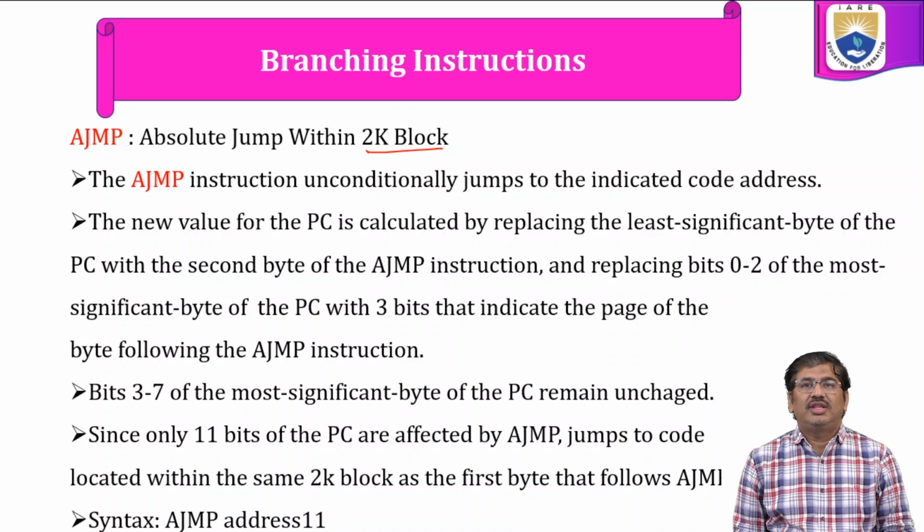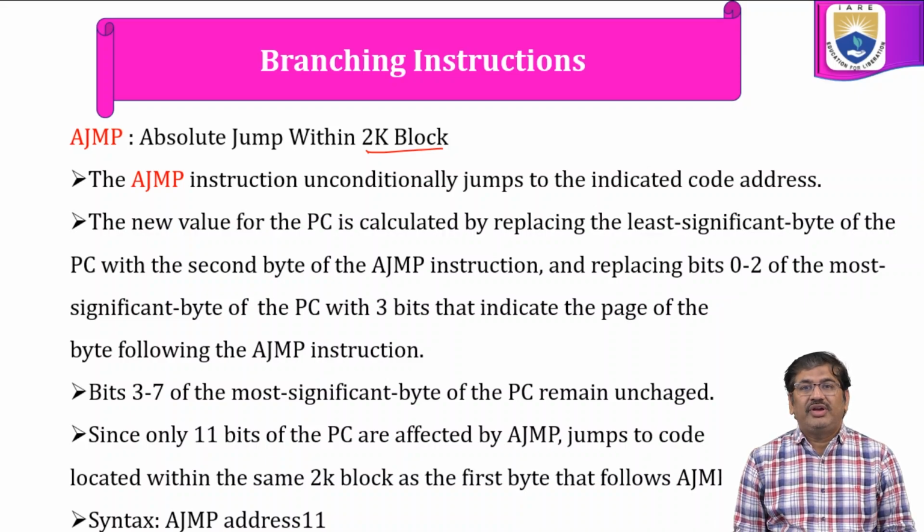The new value for the program counter is calculated by replacing the least significant bits of the PC with the second byte of the AJMP instruction and replacing bits 0 to 2 of the most significant byte of the program counter with the 3 bits that indicate the page of the byte following the jump instruction.